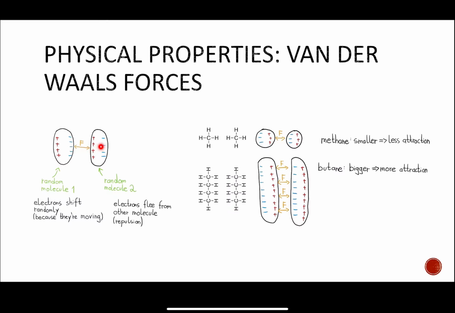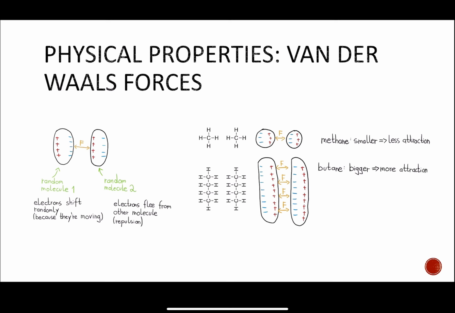So the electrons gather on the right side of molecule 2, and then we have a partial positive charge on the left side of molecule 2. And between the partial negative charge of molecule 1 and the partial positive charge of molecule 2, we have an attraction force. And that's the so-called van der Waals force, which holds the molecules together.